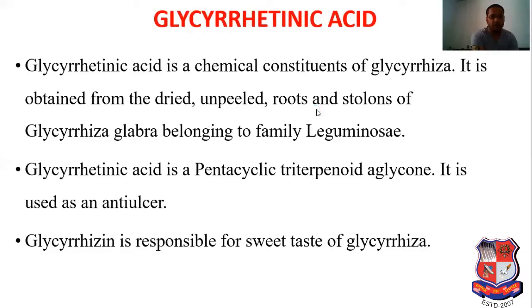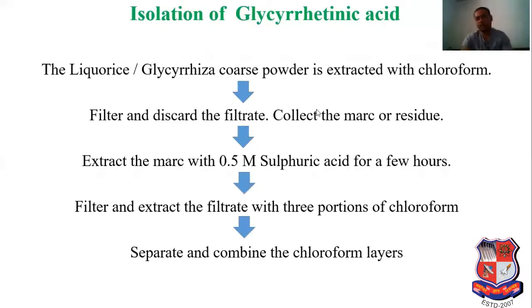For the isolation, first we have to collect the dried, unpeeled roots and stolons of glycyrrhiza. We have to properly dry them, then make a coarse powder of the roots and rhizomes. Then this coarse powder is extracted with chloroform for a particular period of time.